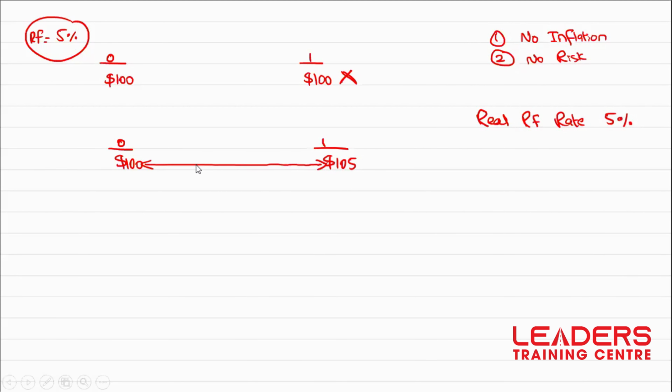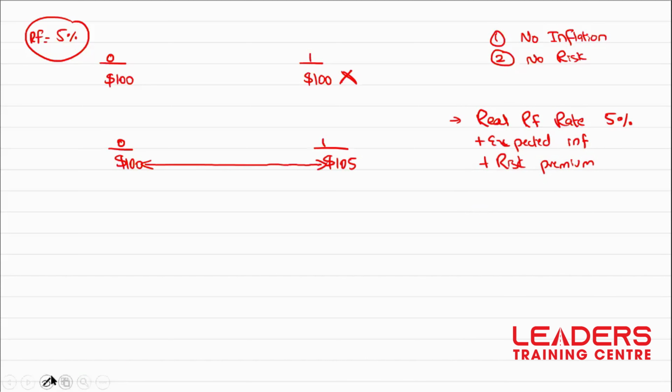You would demand more, because you would also demand compensation for inflation, because of inflation, your money tends to lose its value. So you would not only accept 5% real risk-free rate of return. If we were in a world with inflation, you would also demand compensation for inflation, which is called expected inflation. Likewise, if we were in a world with risk, you would also demand compensation for risk, the risk premium. And that's a topic we would come to in a while.